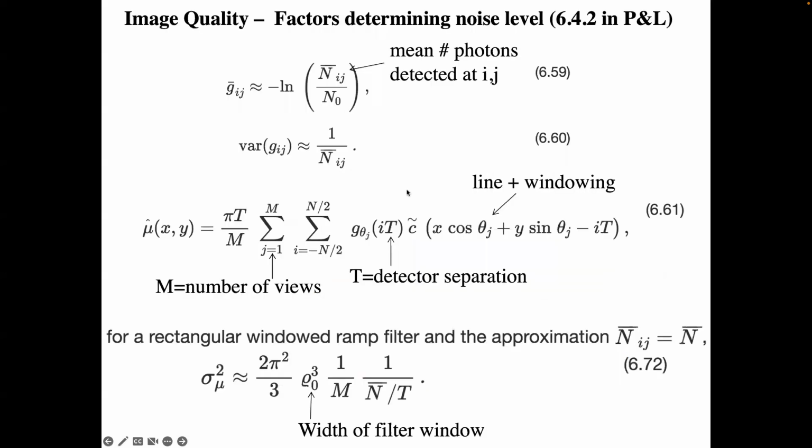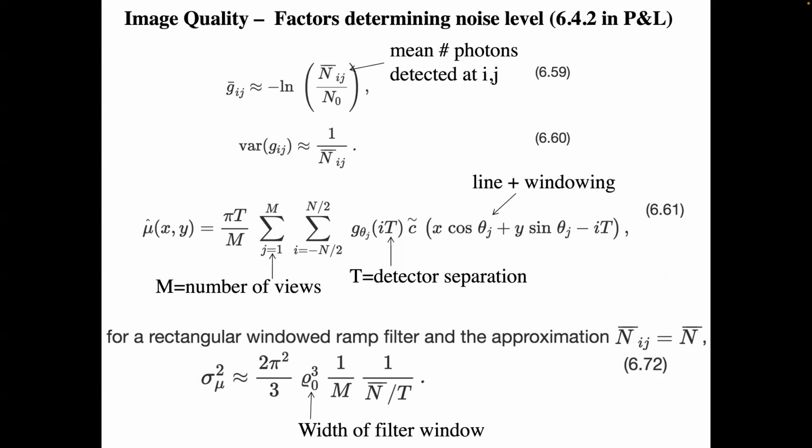And in the book, there's a pretty nice description in this section, determining what actually changes the noise level on a CT scan. Like how is it affected by, say, number of projections?